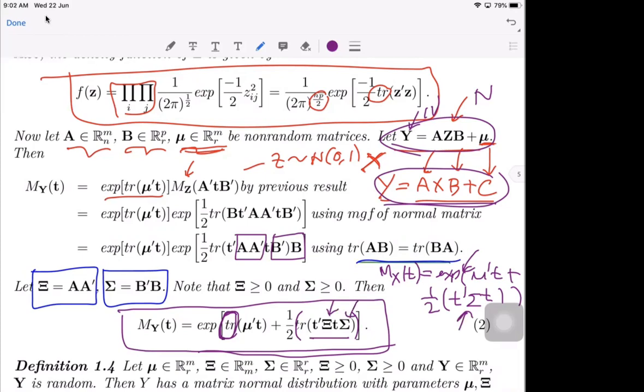So the sigma here is the variability among the elements of your vectors, but this time we will have matrices. So one of them will take care of the rows correlation, and the other one will take care of the columns correlations, or associations.